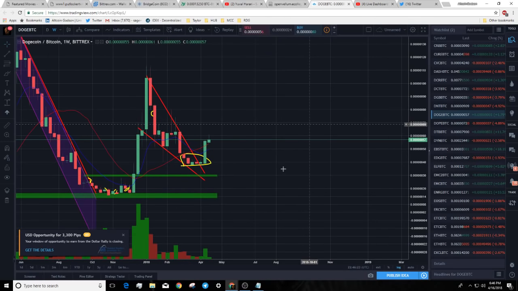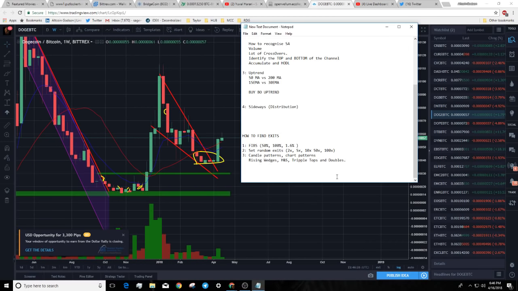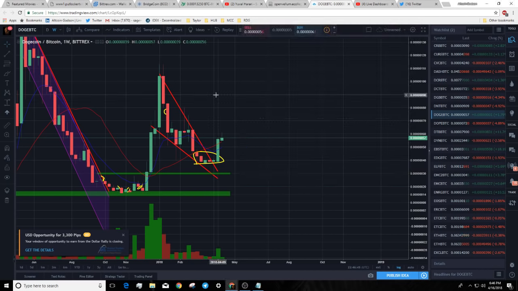So the higher the time frame, the more possible it is that it's going to do what it's supposed to do. This is a rule you should keep in your mind.